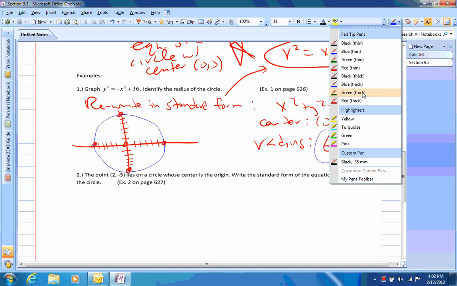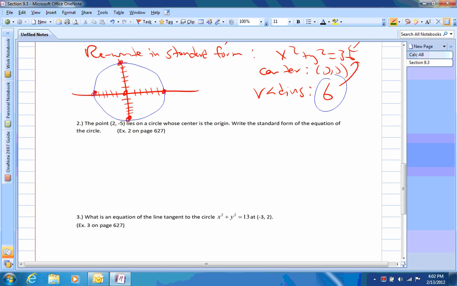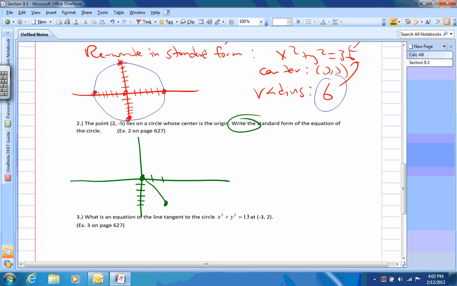Here's another one. We'll use green for the freshmen. So a point lies at 2, -5. Center's at the origin. You want to write an equation of a circle. So it probably will look something like that. And of course that's your radius.